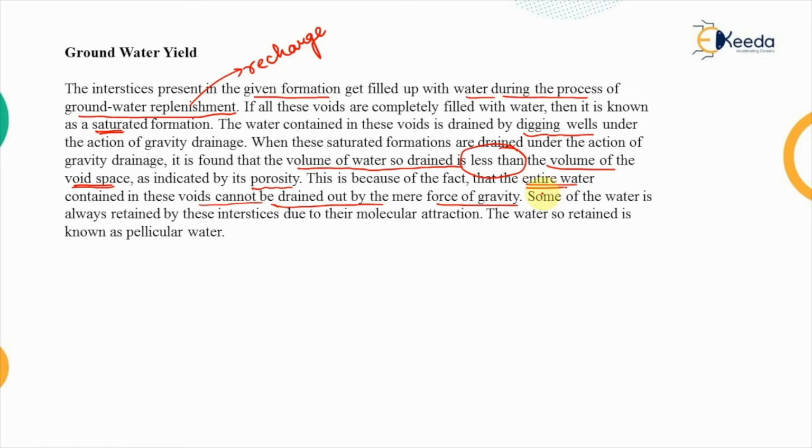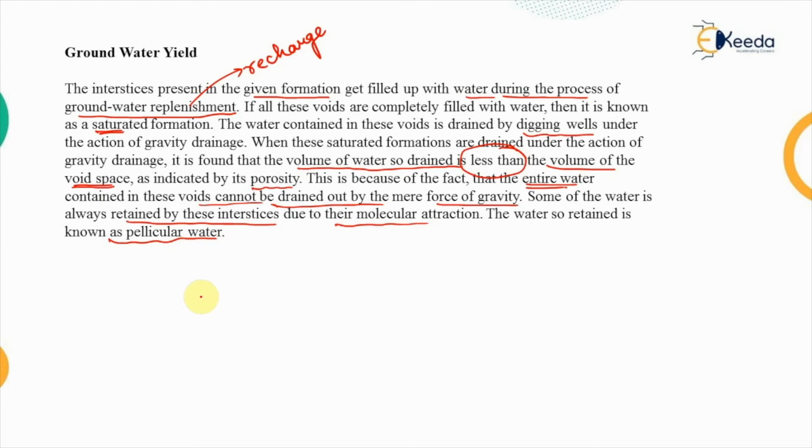So this entire water is not coming out. Some of the water is retained by these interstices due to molecular attraction, and such an amount of water which is retained against the gravitational flow is known as the pellicular water.